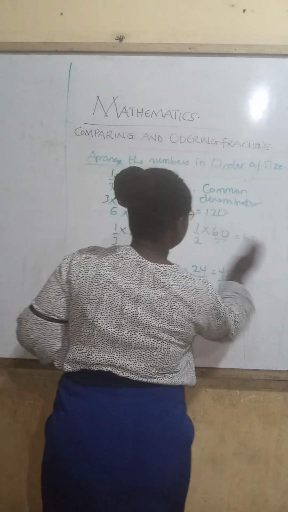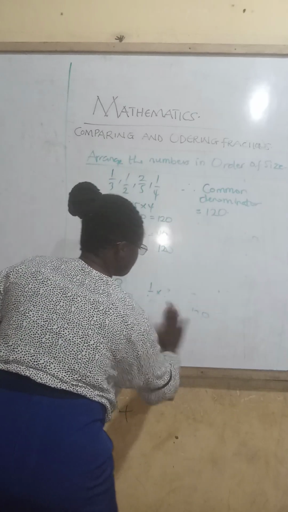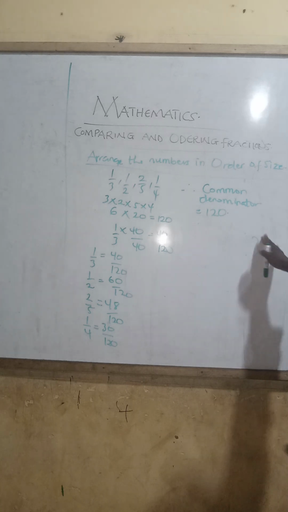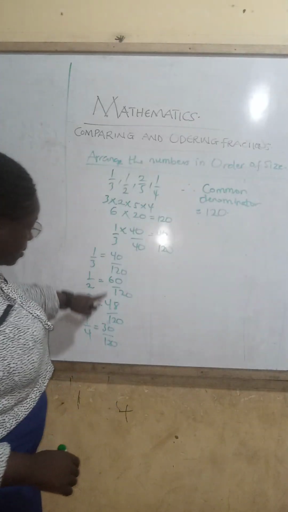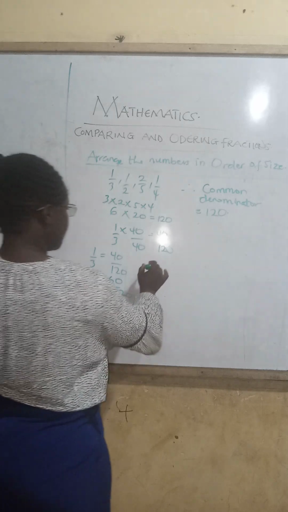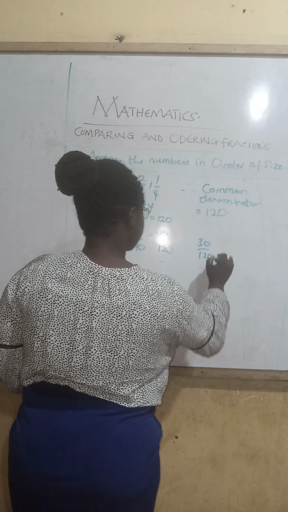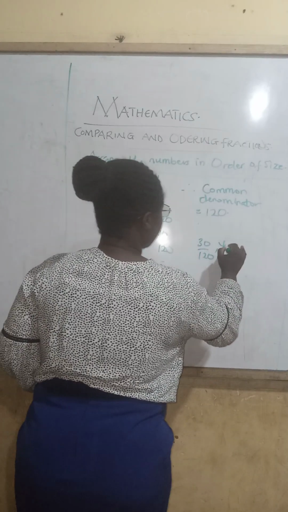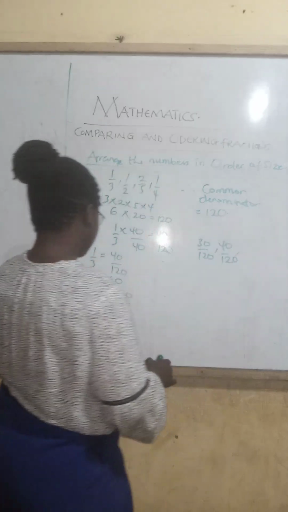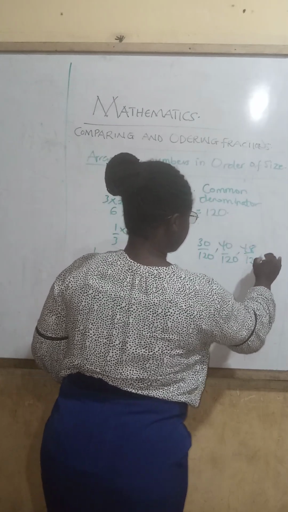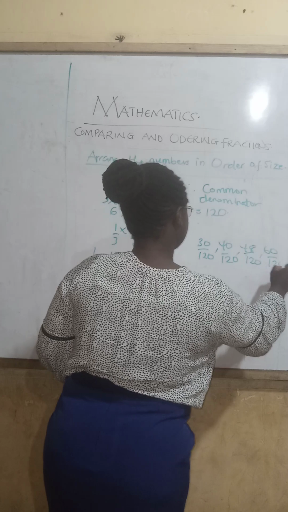Next, we rearrange in order of size, in ascending order. The smallest is 30 out of 120, then 40 out of 120, then 48 out of 120, and 60 out of 120.